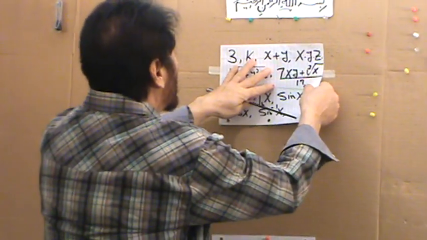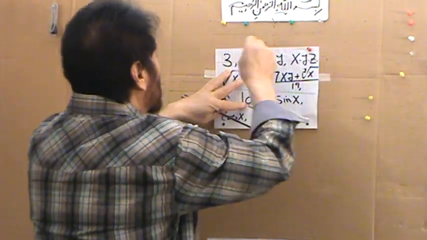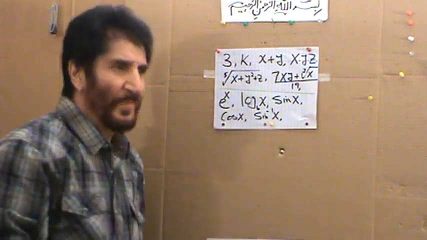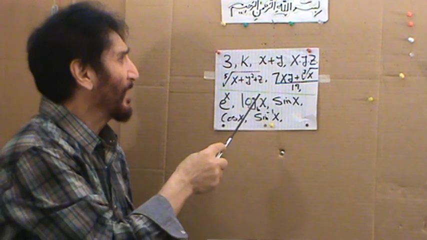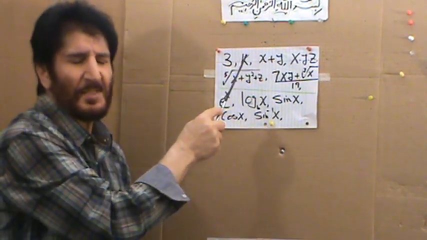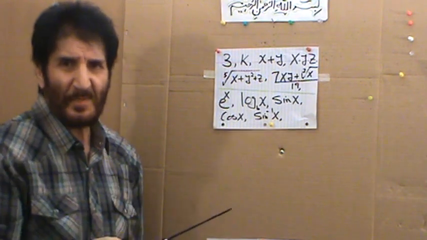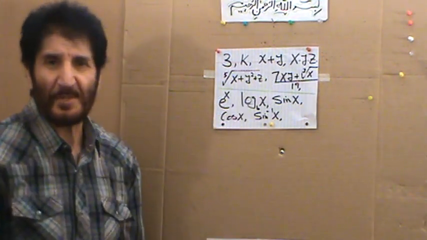The number 3, for example, is an algebraic expression because it satisfies the definition I just gave. You can think of it as x to the 0. And x plus y, where I'm gluing two variables together, is an algebraic expression.